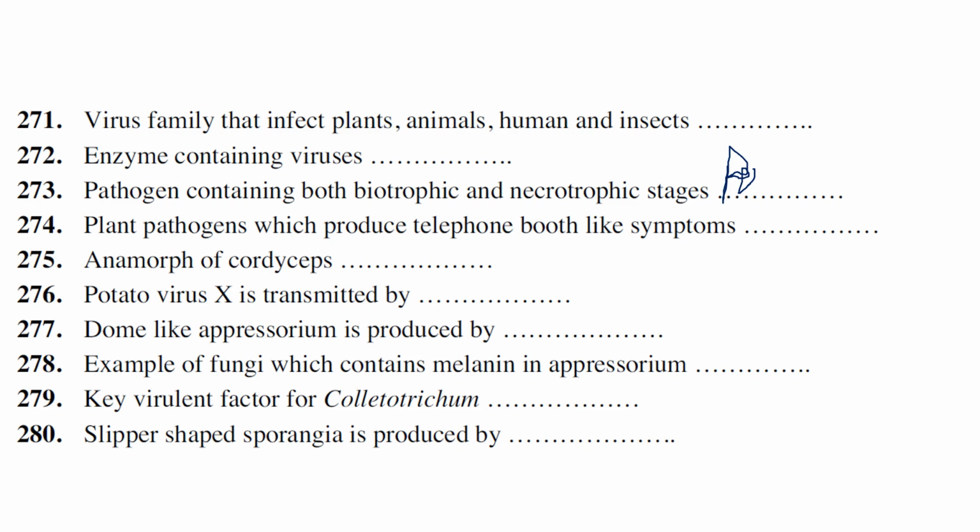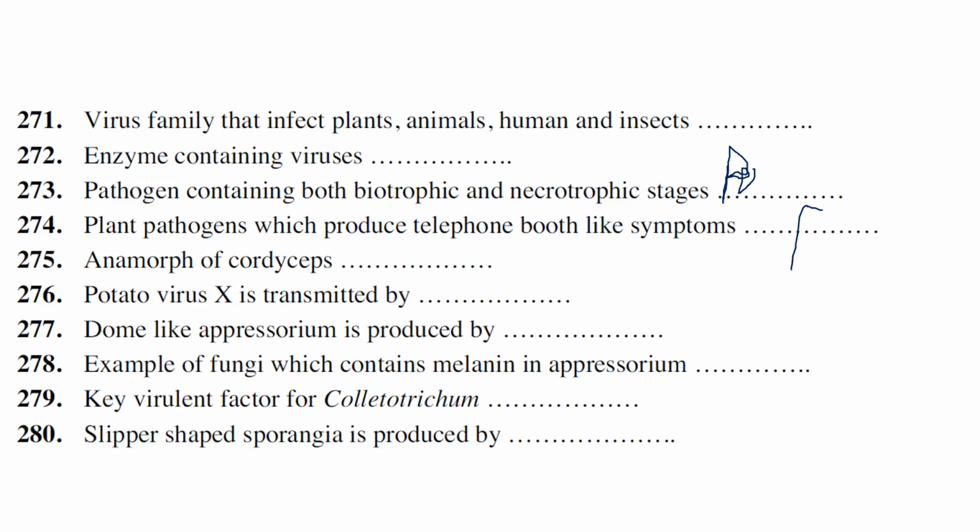I would say coconut cadang-cadang viroid. The majority of viral diseases produce the same kind of thing, but generally we would say coconut cadang-cadang and coconut lethal yellowing; the typical symptom is the telephone pole like symptom, because the infected plants bear no leaves, no branches, nothing. It looks exactly like a telephone pole, all the branches fall down. That's why it's called telephone pole. Chestnut blight infected plants can also look like this.